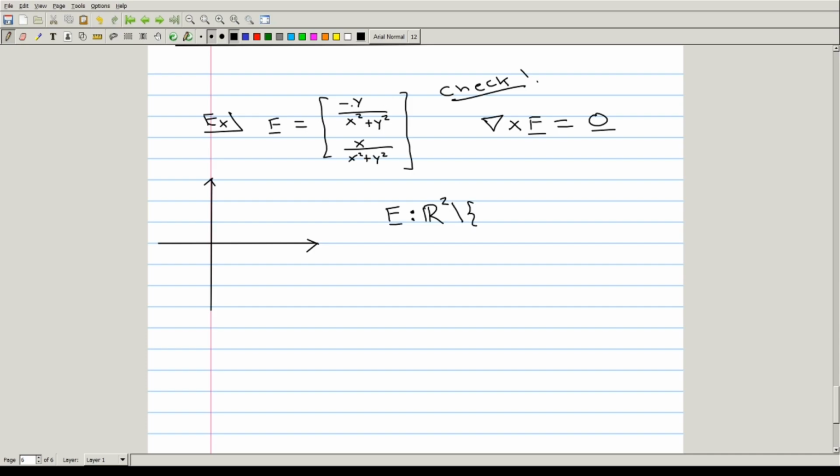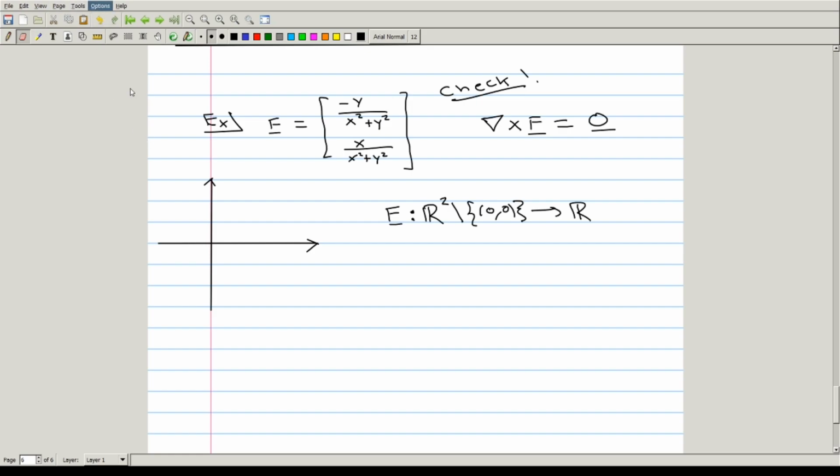This field is not defined at the origin. If you take the limit of either of these two component functions as (x, y) goes to (0, 0), you'll see very clearly that we have to remove (0, 0) from the domain of this function.